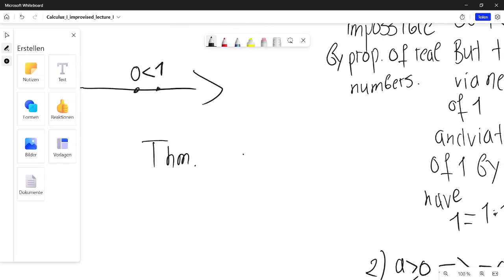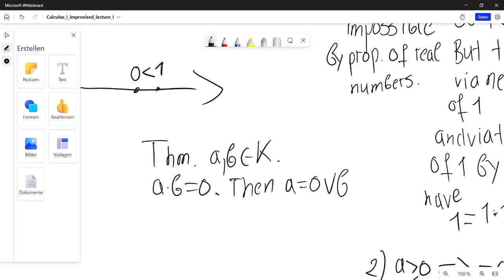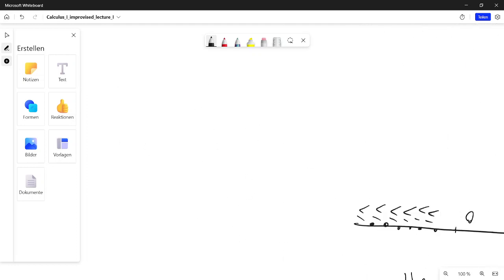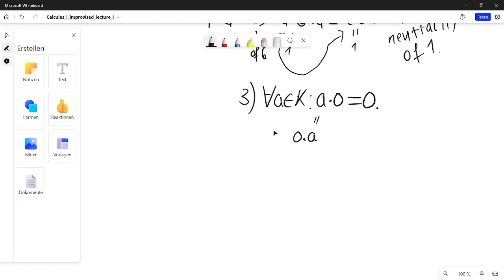Let's say, maybe, then a equals 0 or b equals 0. Actually, not then, but having that theorem, you could replace it by if and only if, because you have to prove that.